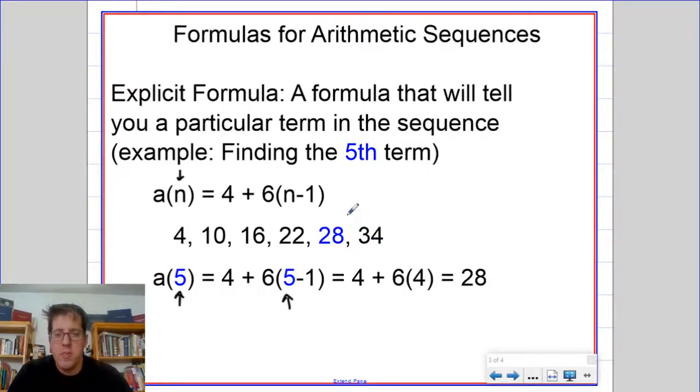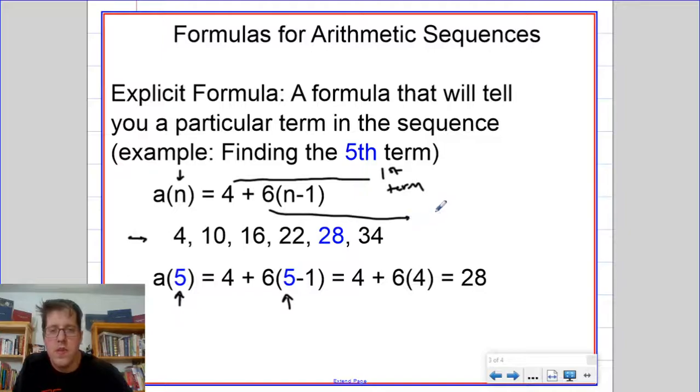Now, if you were to plug in 1 and then 2 and then 3 and then 4 and then 5, you would get this sequence. So what you notice here is that this gives you the first term, and this gives you the common difference.